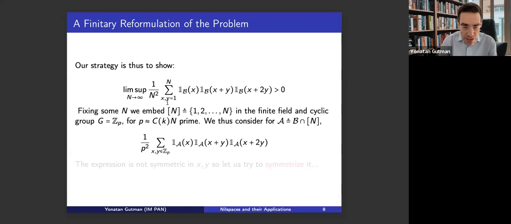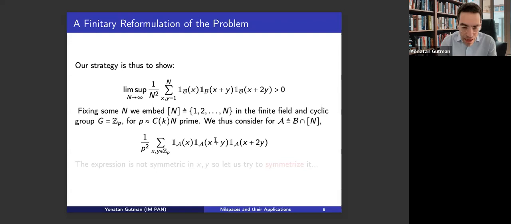Instead of x and y between 1 and n, we take now x and y in Z_P, and we look at 1_A(x), 1_A(x plus y), 1_A(x plus 2y). Obviously, the addition here is modulo P. This adds some non-legal, let's say, arithmetic progressions, but this is really negligible.